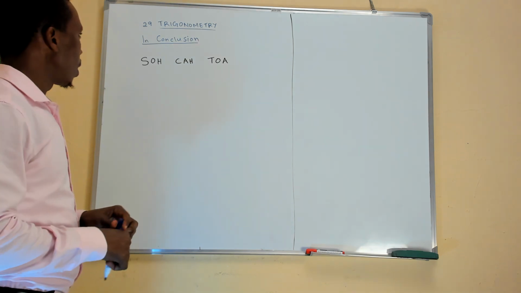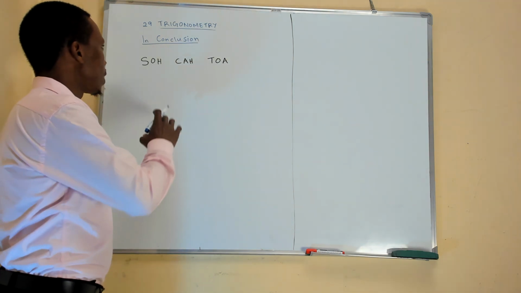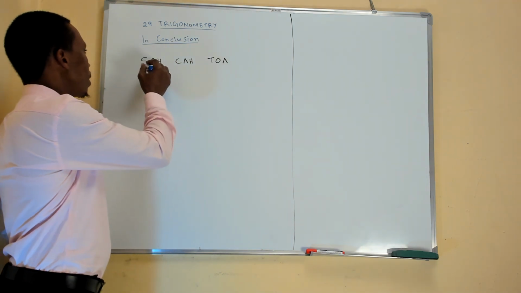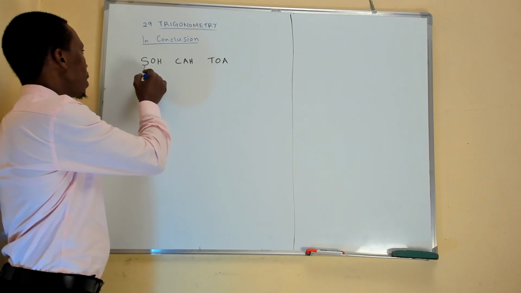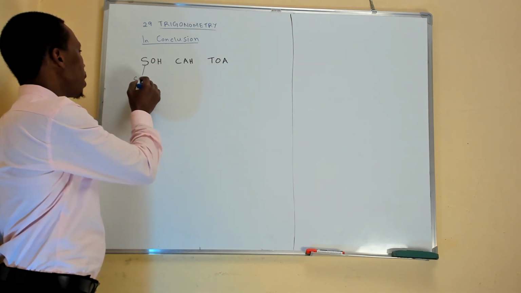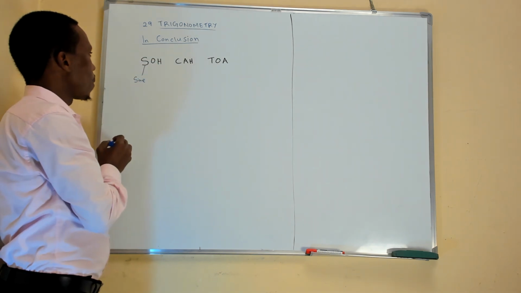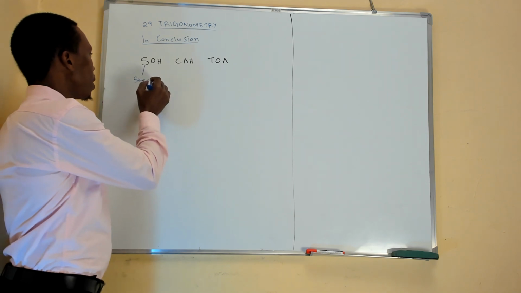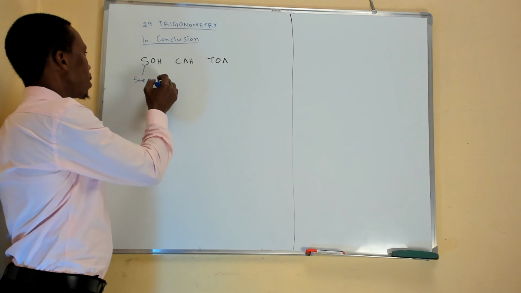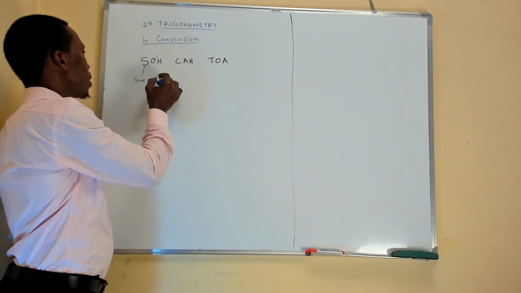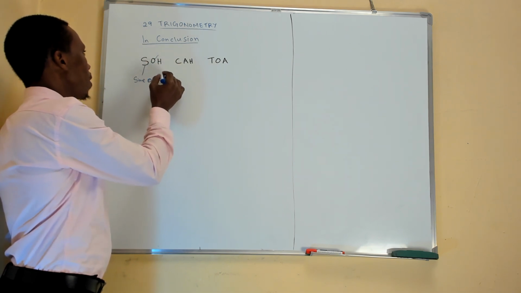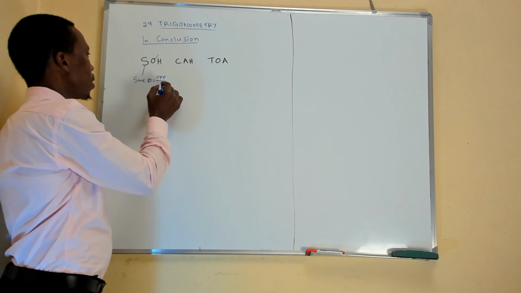That is the formula you're gonna use to master them, where S stands for sine, and therefore the formula for sine theta is opposite over hypotenuse.